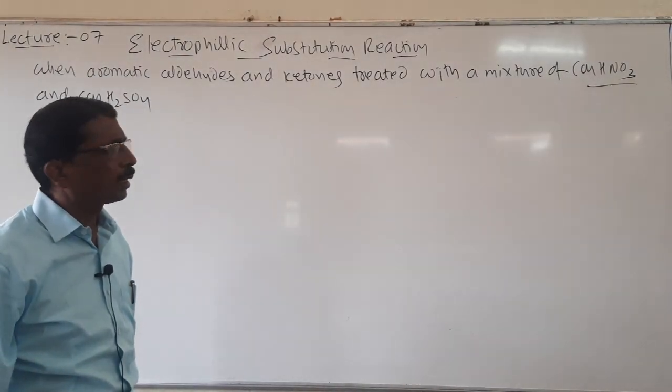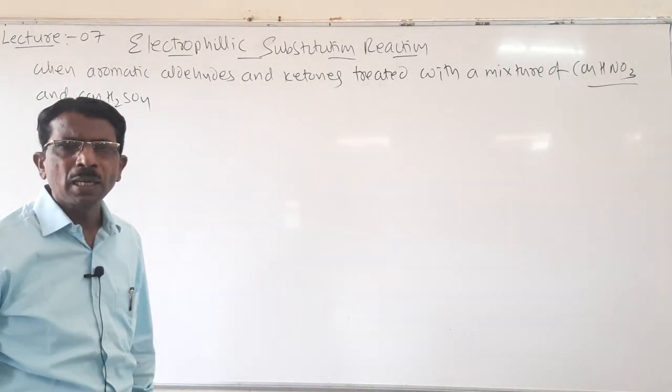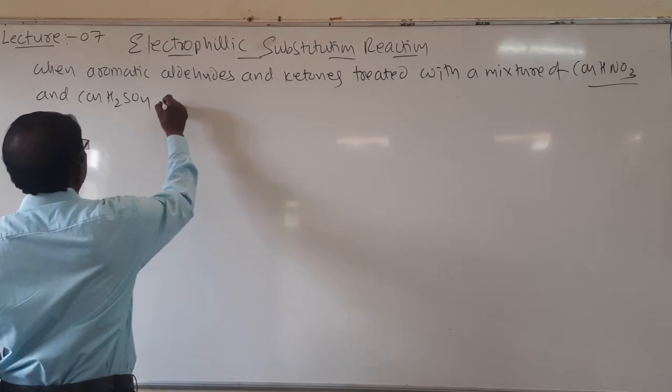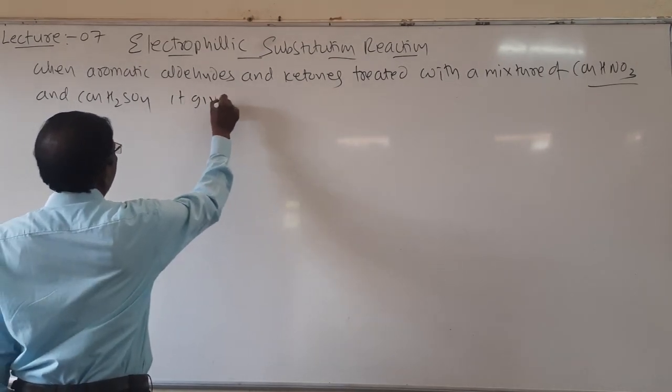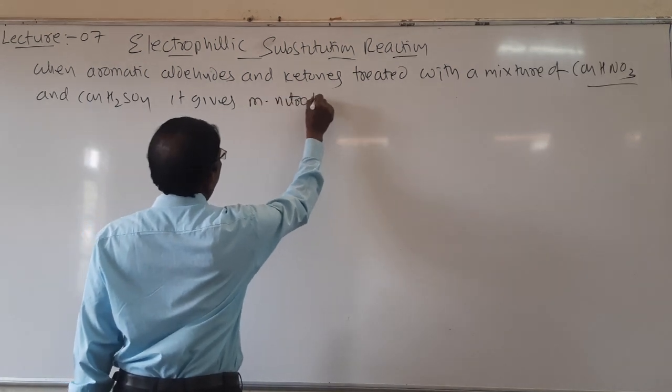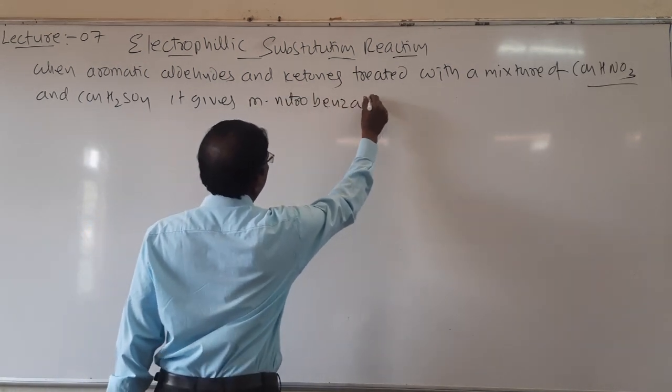This nitric acid and sulfuric acid mixture is called a nitrating mixture, and it gives meta-nitrobenzaldehyde.